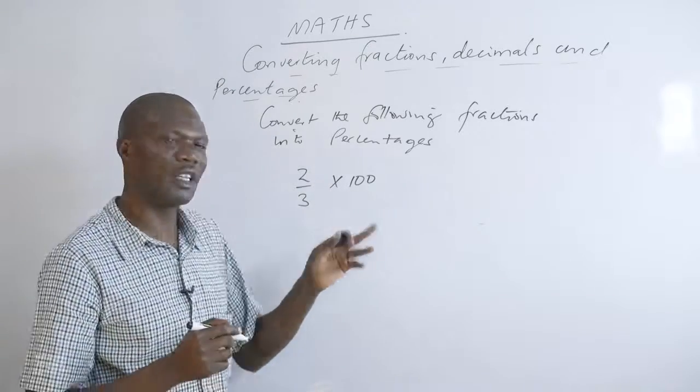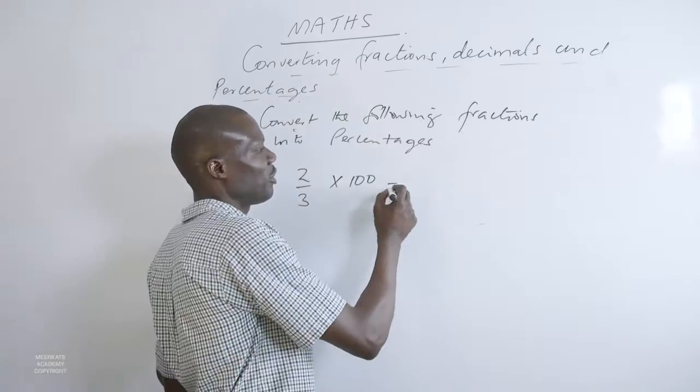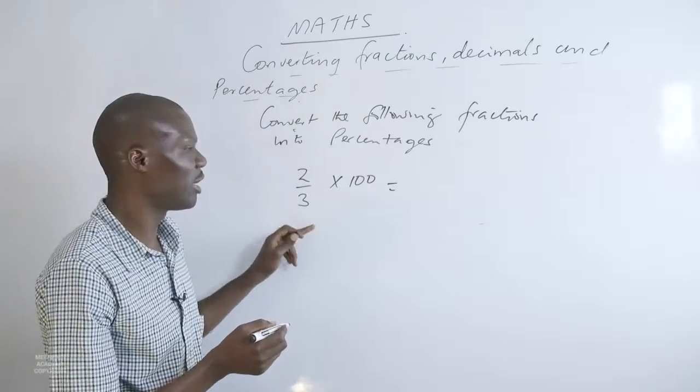100. There is nothing to cancel and nothing to simplify. So you'll say you have 200 over 3.